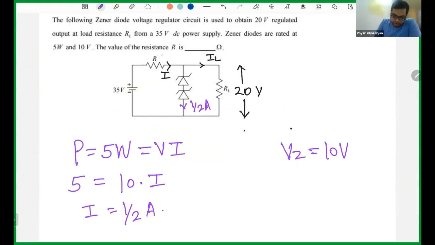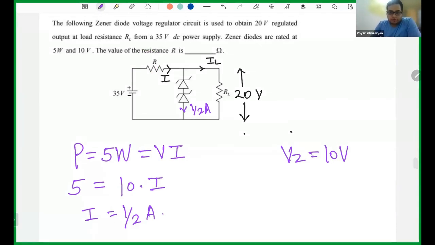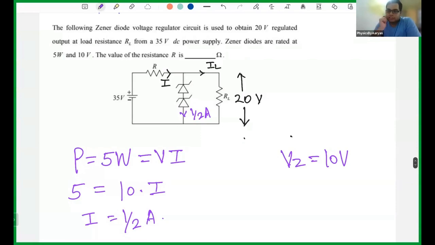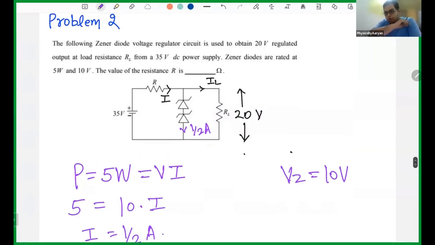So we have to find the value of the resistor. Can you tell me, if the maximum current is flowing through the Zener, then what will be the current through the load? I am finding the maximum limit, so I have to make sure that no current is flowing through the load and almost all the current is flowing through the Zener.